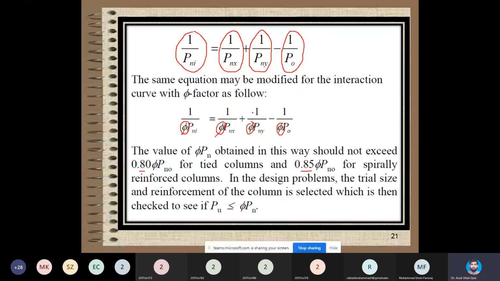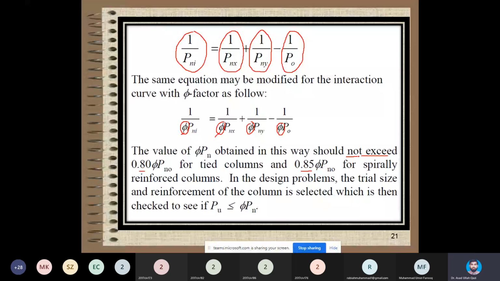So once you are using this method and you get axial capacity, which actually will be biaxial capacity, Pni, you will be getting phi Pni, it means ultimate biaxial capacity. If that capacity exceeds 0.85 phi Pn naught for tied or 0.85 phi Pn naught for spiral, you need to reduce it to 0.8 or 0.85.